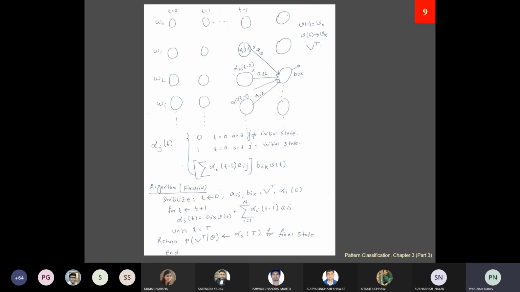Anyone? What will it be at t equal to 0? W0, W1, W2, W3.